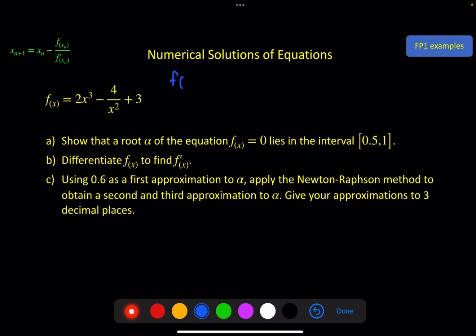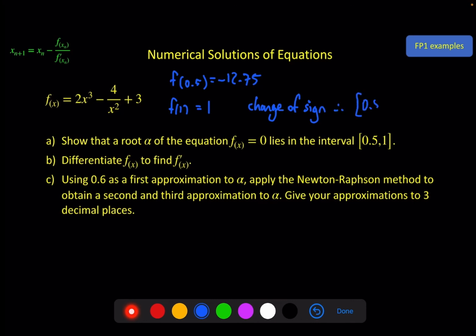So f evaluated at 0.5 equals minus 12.75 if you put that all on a calculator, and f evaluated at 1 is equal to 1. Change of sign. Therefore the interval is confirmed as 0.5 to 1.